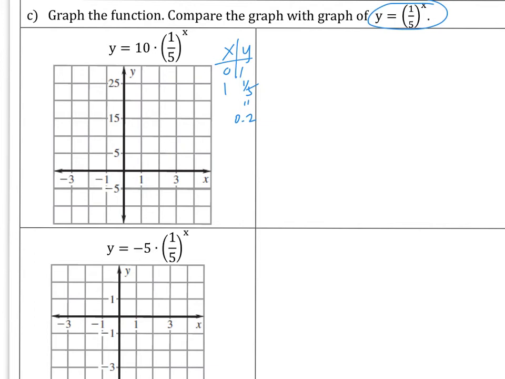So (0, 1) and (1, 0.2). And maybe I should use one more point, -1. If it's -1, then y should be 5. And I can go ahead and plot this.